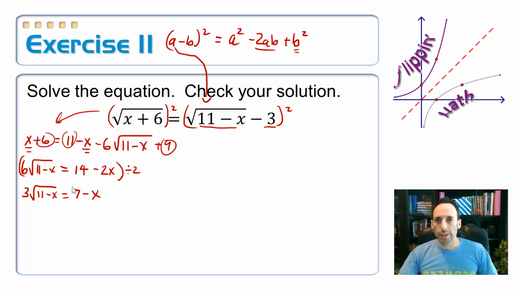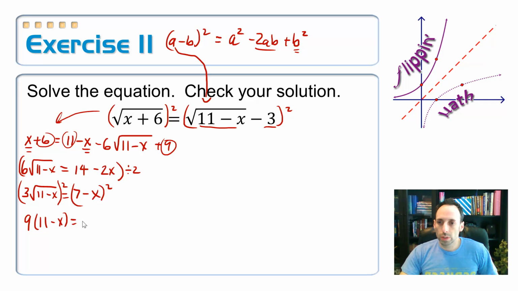Okay, now I have a square root. How do I get rid of it? I square both sides. Now I know what you're thinking, this is not the cube root, that is 3 times the square root. Okay, don't let that confuse you. So square roots are square both sides. When you square both sides on the left, make sure the 3 gets squared. So it's 9 times 11 minus x when the square and the square root cancel out.